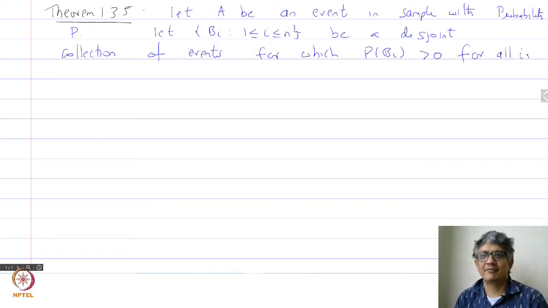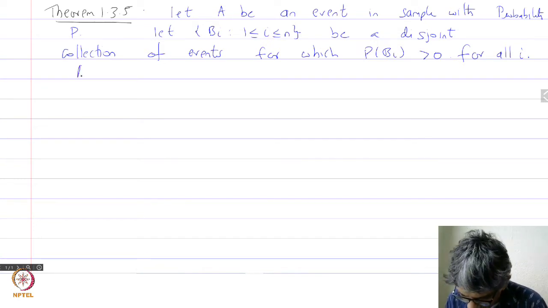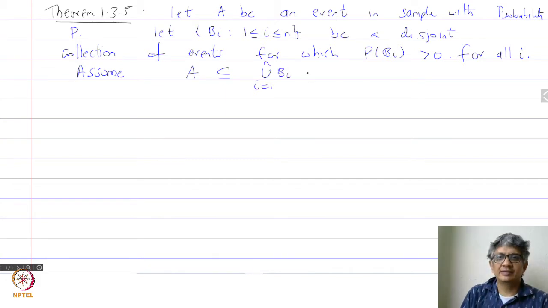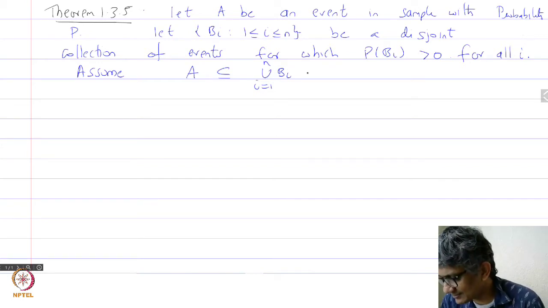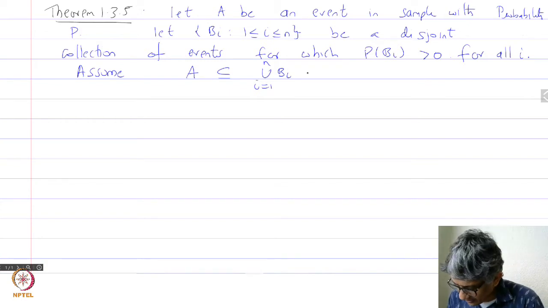That's the setup we have. And let's assume also further that the event A is contained in the union of i equal to 1 to n of the B sub i. So all your B sub i sort of contain your A. So you're partitioning the sample space in some way with B sub i, and your A is contained in it.